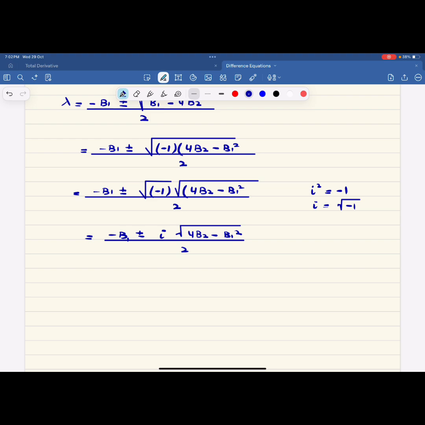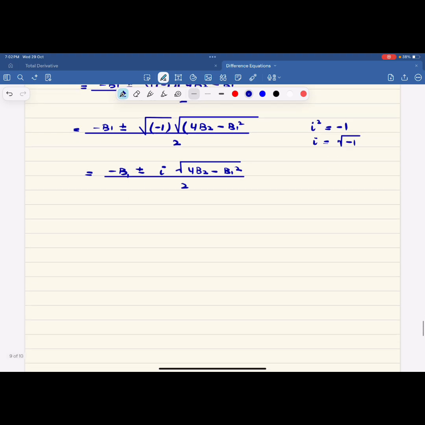As you can see now, there's a real part of the solution, and then we have an imaginary part of the solution. So this is the imaginary part. For ease of notation, let's say that lambda is u plus or minus iv.